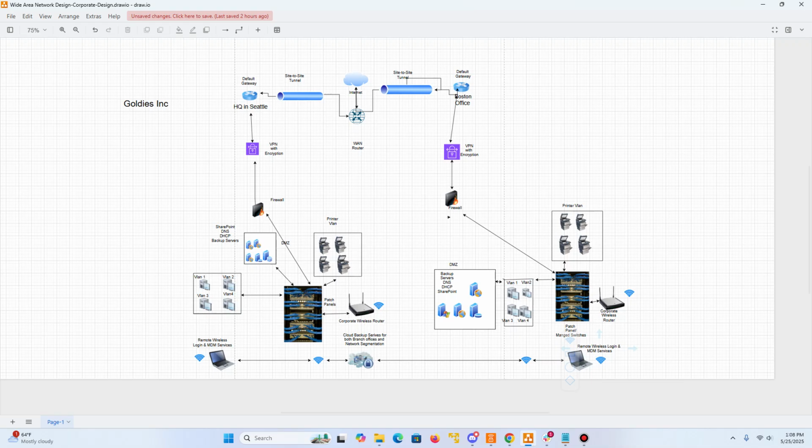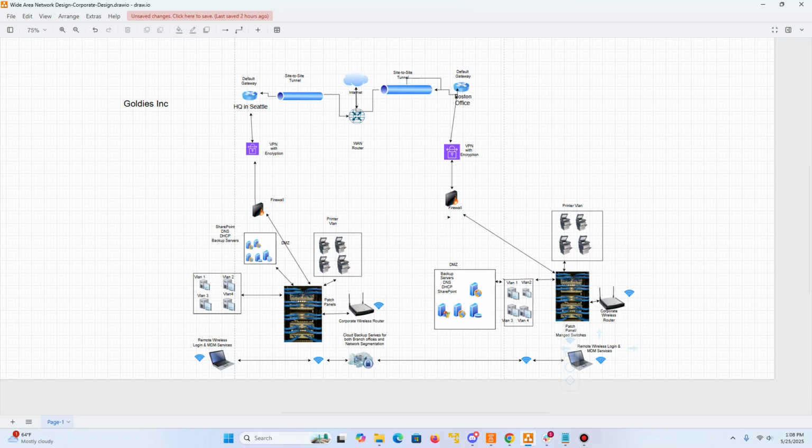So the IT will disable all services. What we call in the trade, the device will become a brick. So it will be useless to the person that took the laptop, and they will not be able to use it.